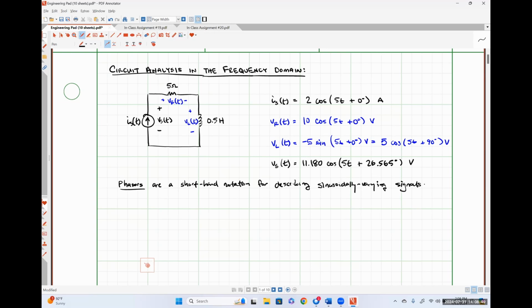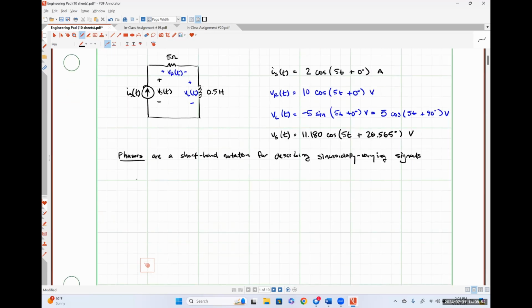So we know that if we were to have a voltage waveform, v of t, of the form Vm cosine omega t plus some phase angle, I'm going to call this theta v, where that subscript v just means this is a phase angle of a voltage, or a current i of t of the form Im cosine omega t plus some phase angle theta i.